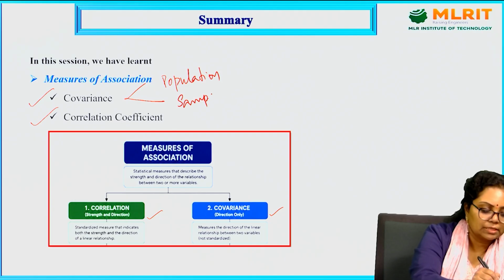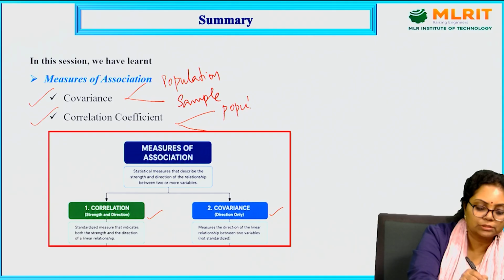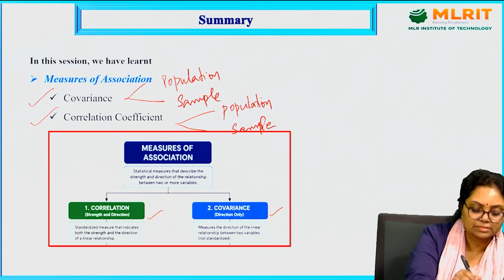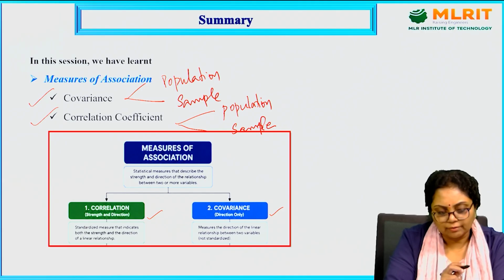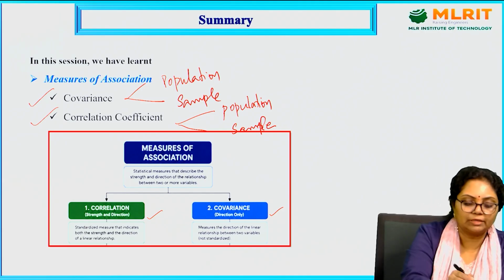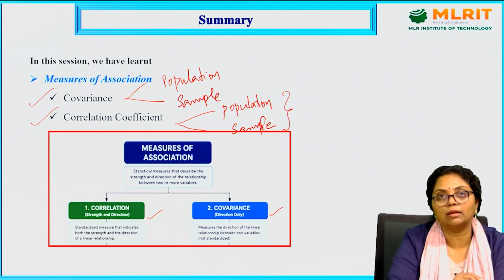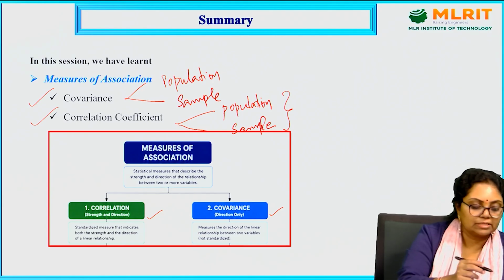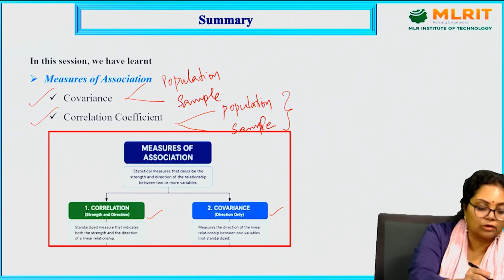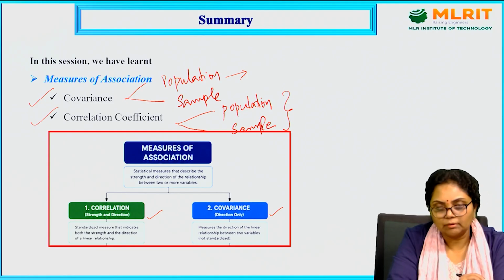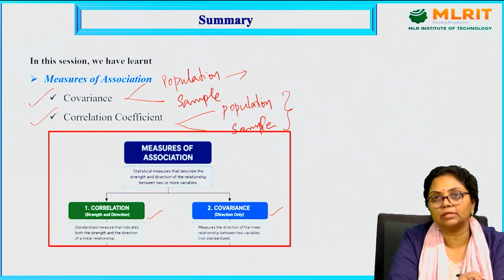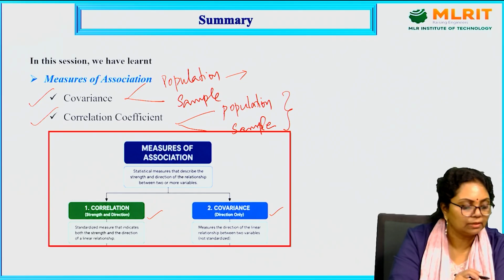Similarly, in the correlation quotient we have the population correlation quotient as well as the sample correlation quotient. But the difference is that for the Excel functions, for both population and sample, we use the same function, CORREL(array1, array2), whereas for covariance, for population we use COVARIANCE.P(array1, array2) and COVARIANCE.S(array1, array2) for sample covariance.